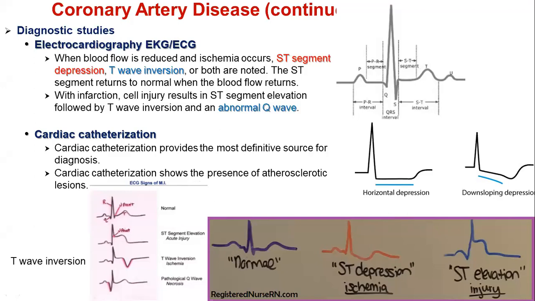P wave is the activation of atria. And then QRS complex, because of activation of ventricle, and T wave. T wave is at the recovery phase, right?